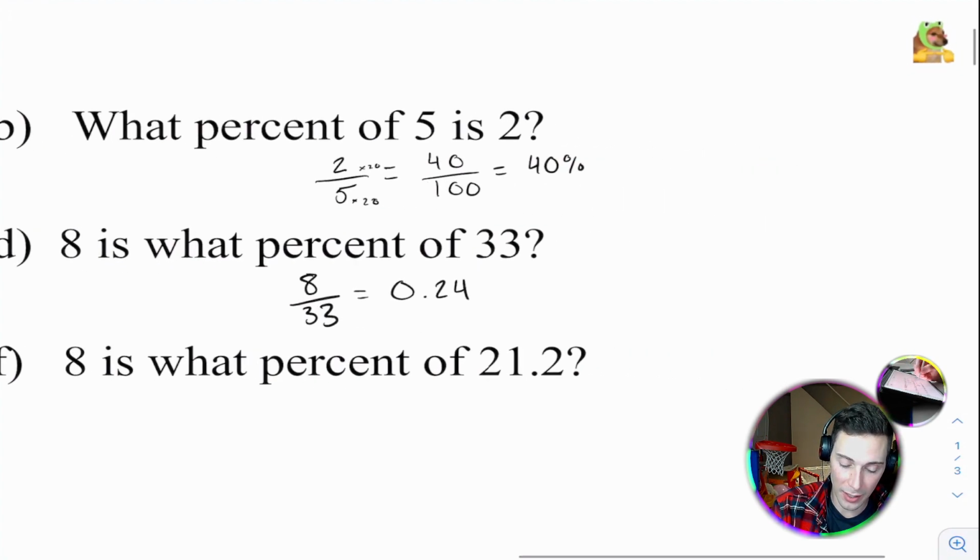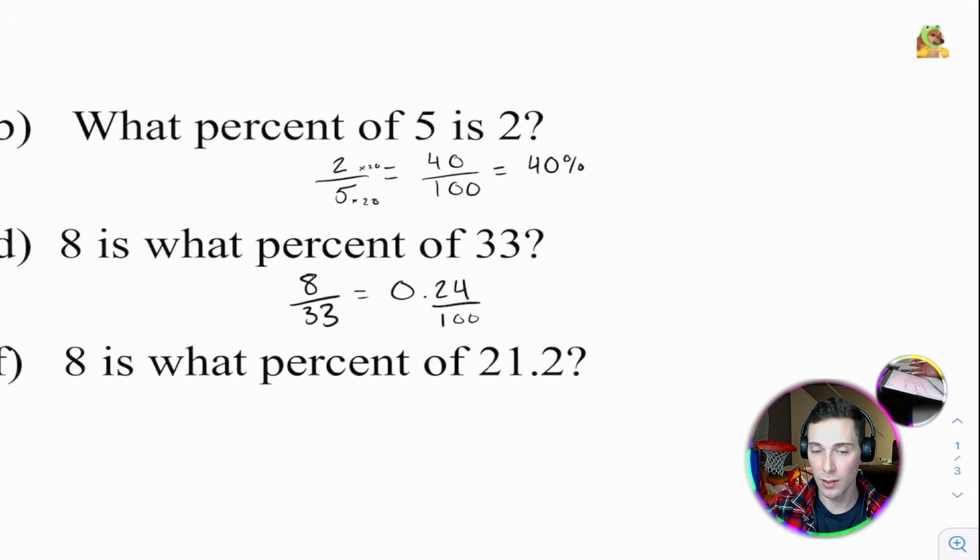We can represent 0.24 as 24 over 100. That's the fraction form of that decimal, right? 24 hundredths is 24 over 100, and you can multiply by 100, and that's going to give us our 24%.